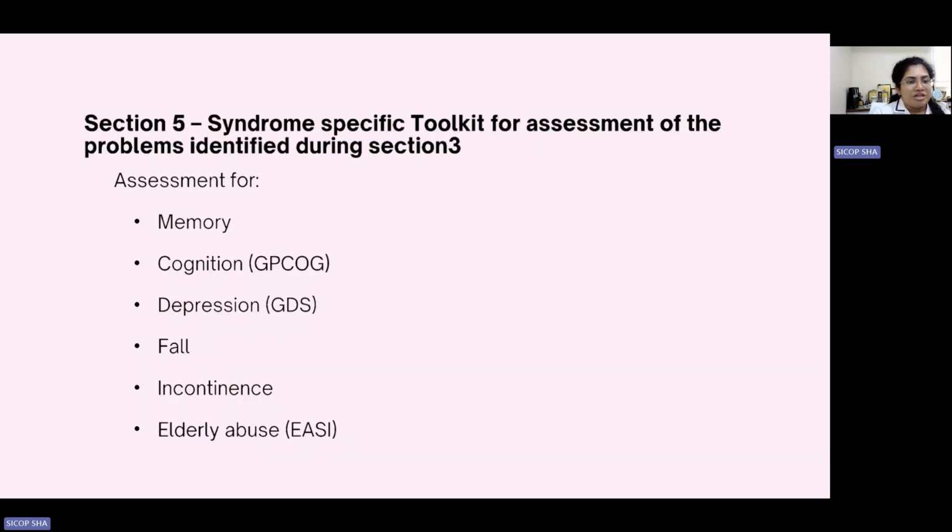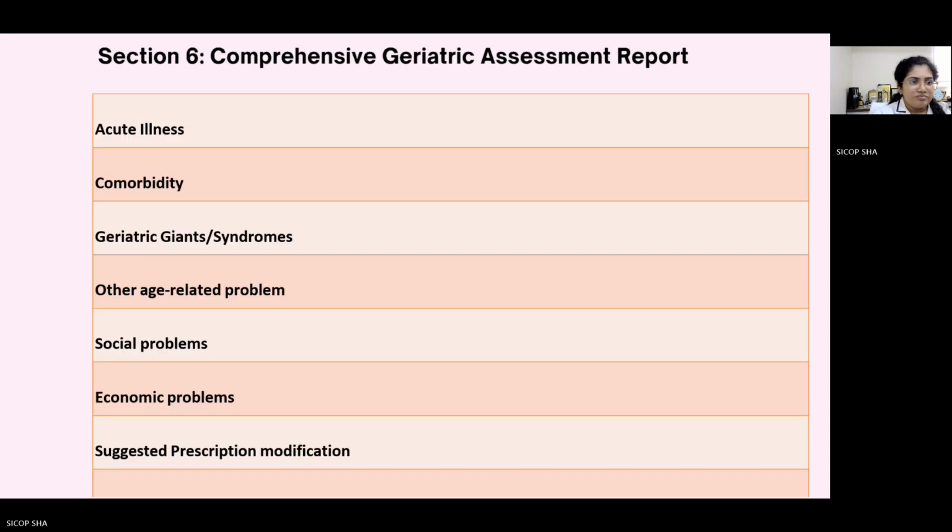Next is section 5, the syndrome specific toolkit for assessment of the problems identified during section 3. If we have identified any problem before, then assessment for memory, cognition, depression, fall, incontinence, and elderly abuse should be done. Section 6 is about the comprehensive geriatric assessment report.